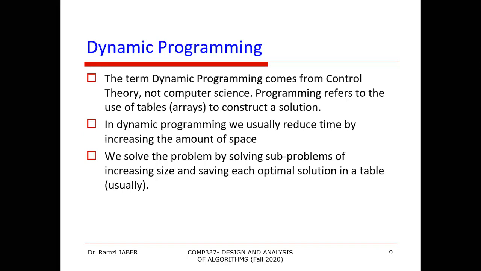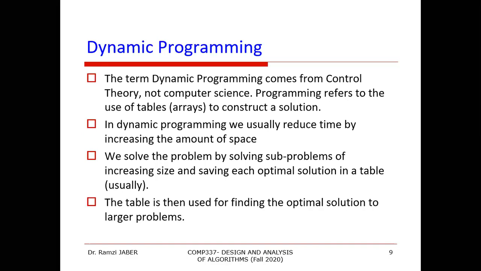We solve the problem by solving subproblems of increasing size and saving each optimal solution in a table or array. So the values of subproblems will be stored in the table or memory. The table is then used for finding the optimal solution to a larger problem.